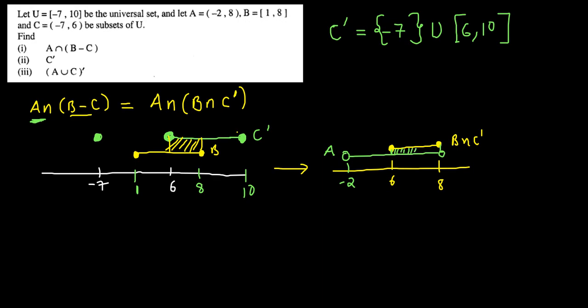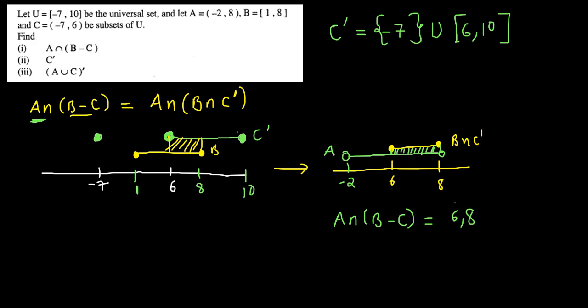Therefore, we are going to say A intersection B minus C is going to be, they are intersecting from 6 up to 8. 6 is part of the set B intersection C complement. It is also part of the set A. So it's going to fall in both sets, so we're going to close.